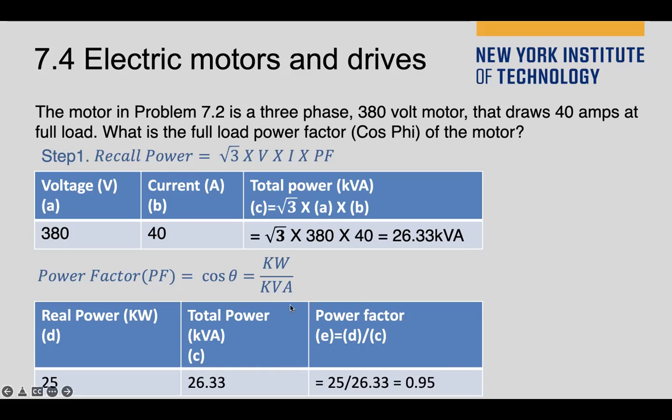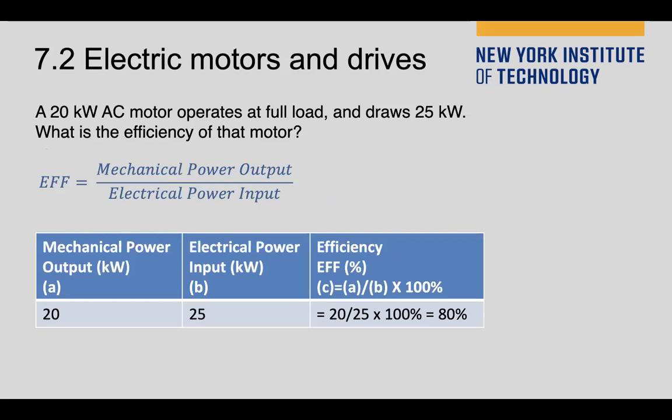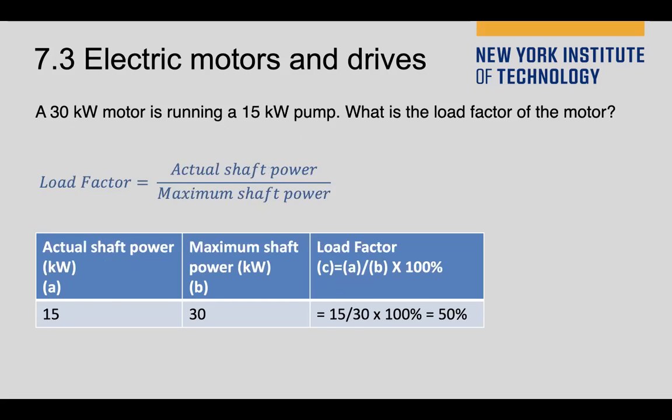Here, the question is about three phase. The motor in problem 7.2 that we have already go through is a 20 kilowatt AC motor operates at the full load and draw 25 kilowatt. So mechanical output is 20 kilowatt, and the electrical input is 25.